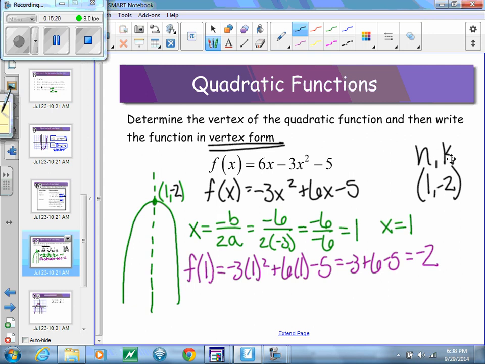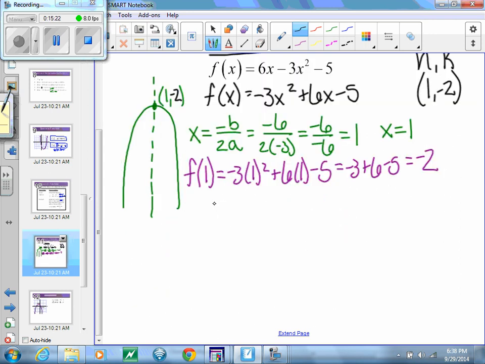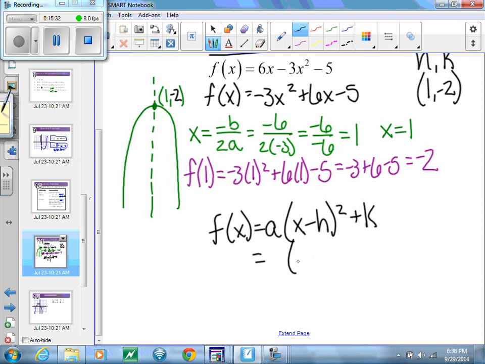Now if you're trying to write this in vertex form, you have h and you have k. Vertex form is a times the quantity of x minus h squared plus k. So we know that h is 1, so we've got x minus 1 squared, and k is -2. All I need to do here is figure out what a is.